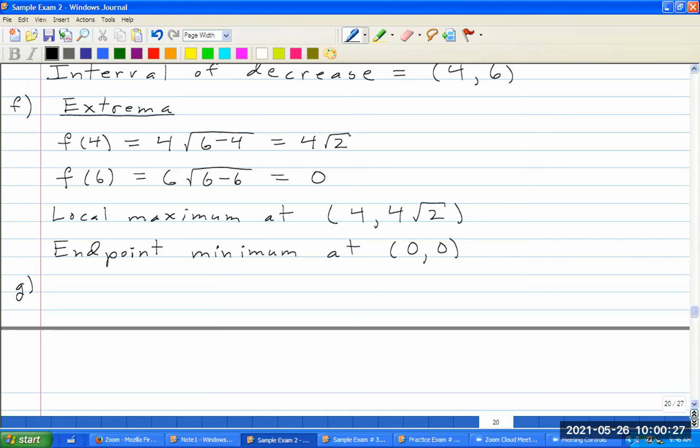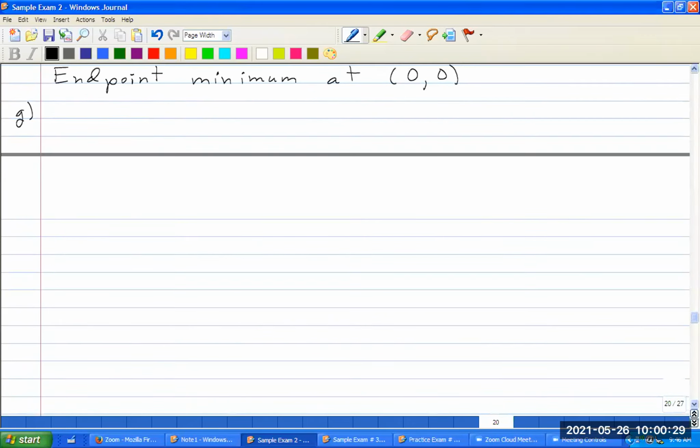G. Let's try to find the intervals of concavity. So let's try to determine the possible points of inflection.